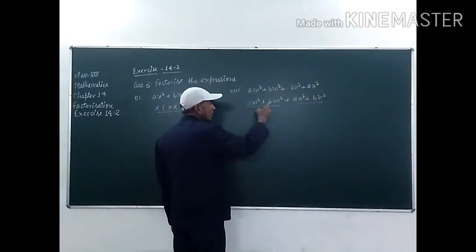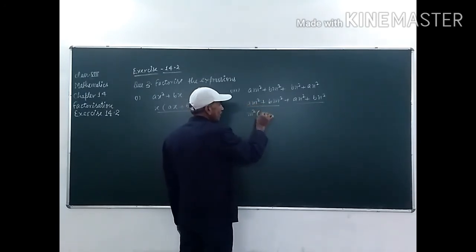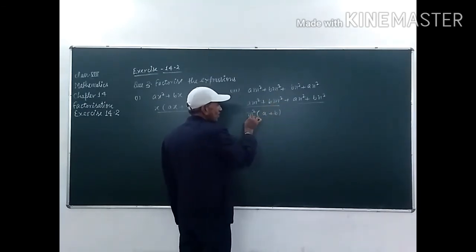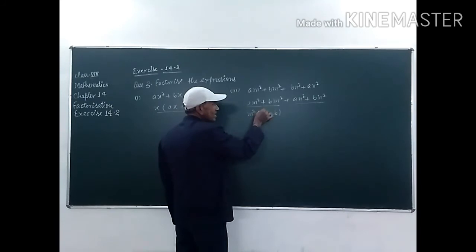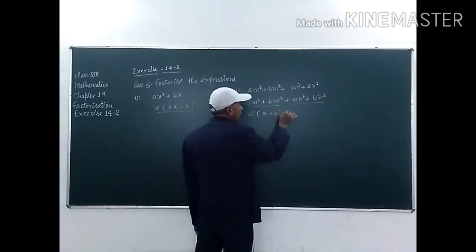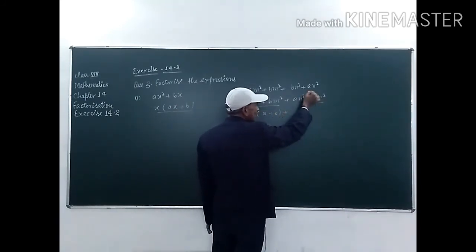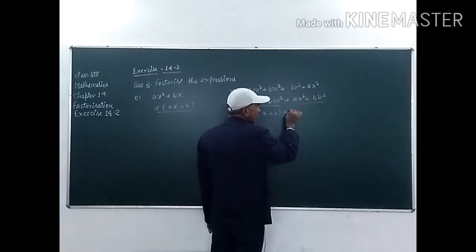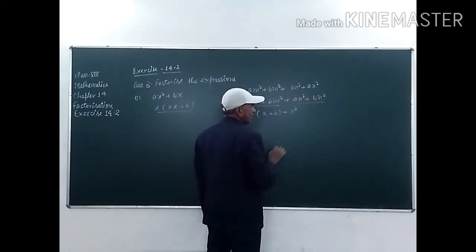So take m square as common in the first pair, and in the first term a will remain, plus in the second term b will remain, because m square is taken as common. Plus in these 2 terms in this pair we have to take n square as common, students.